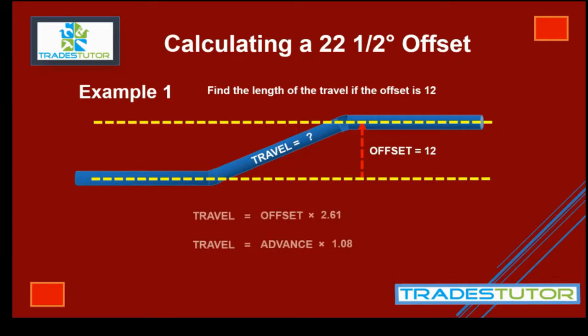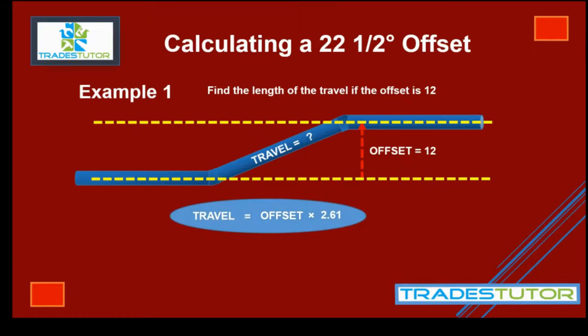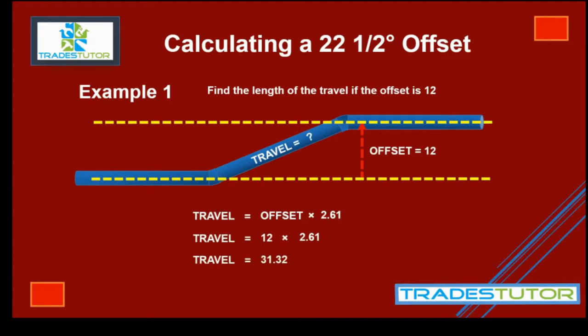The formula we're going to use, there are two to choose from, and we're going to choose that one right there. Now we plug in the numbers. The offset's 12 times 2.61, and the travel is 31.32. It's no more than that. All it is is remembering a couple of variables, or constants, should we say.